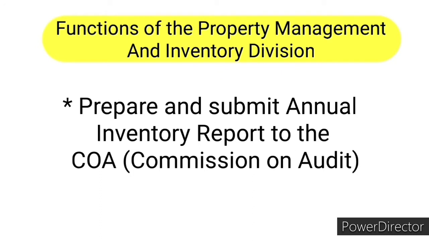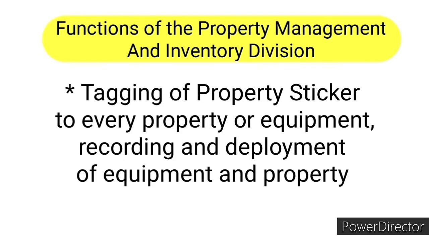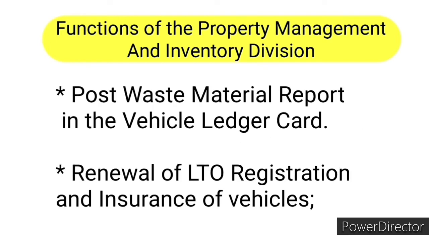This division also prepares and submits the annual inventory report to the Commission on Audit. They also do tagging of property stickers to every property or equipment, and recording and deployment of equipment and property. The Property Management and Inventory Division also posts waste material reports in the vehicle ledger card.